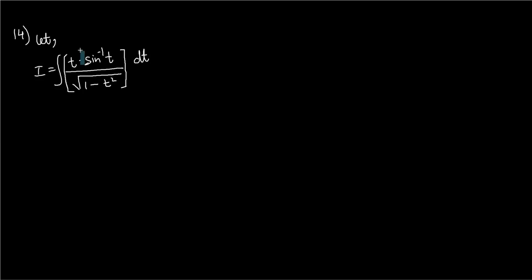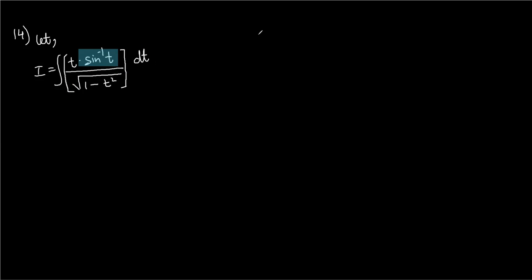I notice if I put this sine inverse as t, definitely I will have to differentiate. And when I differentiate sine inverse t, what am I going to get? I'm going to get 1 upon root of 1 minus t square, and then this dt will get multiplied with it. And I will get a substitution for dt upon root 1 minus t square.